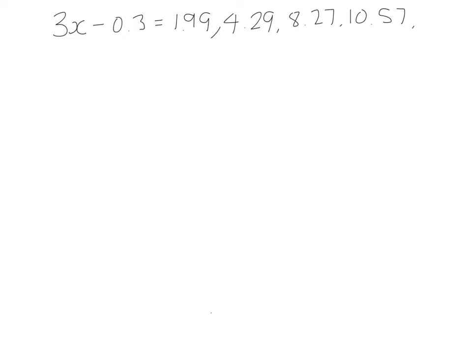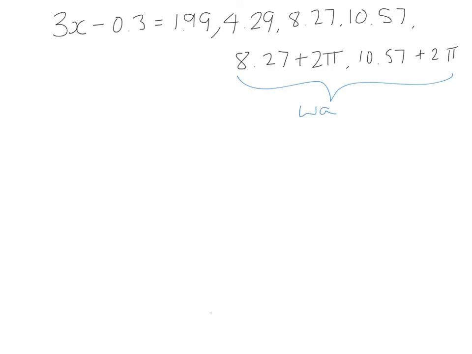We have 4 solutions, but we need 6 at the end, so we're going to add 2 pi to the second wave answers. So 8.27 plus 2 pi and 10.57 plus 2 pi. And that's wave 3. Hopefully we'll be able to fit these all in the same line in the next one.